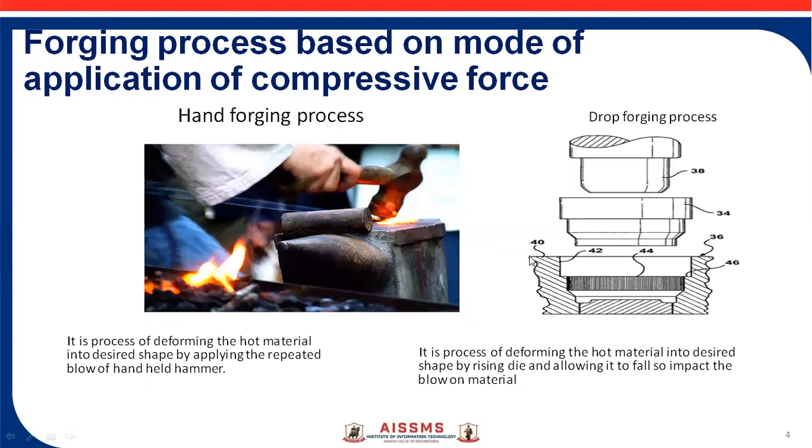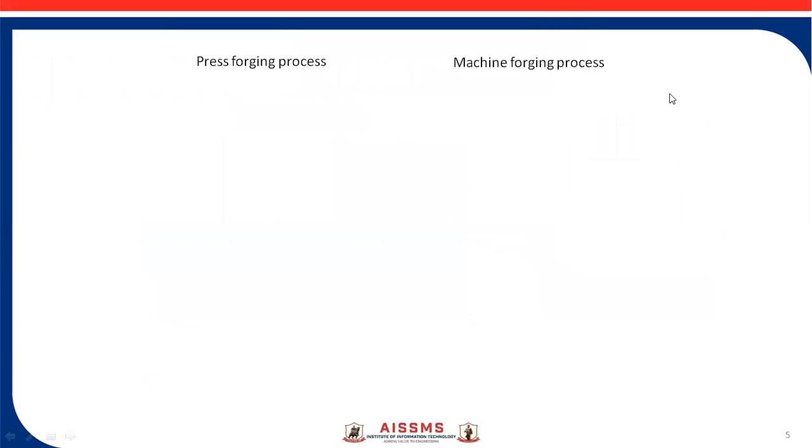Next is the drop forging process. It is a process of dropping the hot material into the die shape by raising the die and allowing it to fall, forming the material by the impact of a blow. The drop forging process is run by hydraulic or mechanical press.